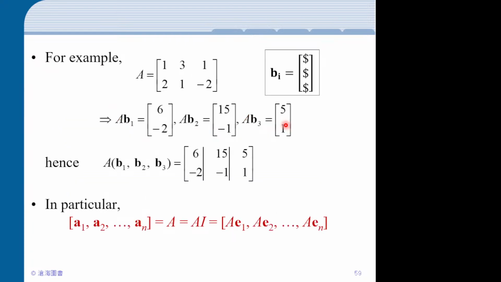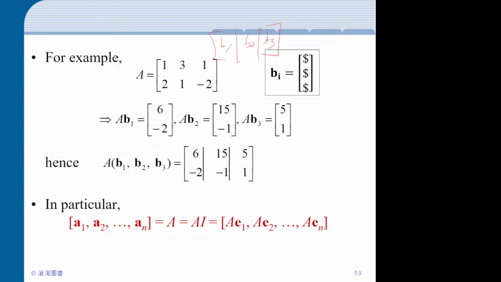Let's see this example. So we have A being 2 by 3, and B is 3 by 3, so B is like this, and we have B1, B2, B3.